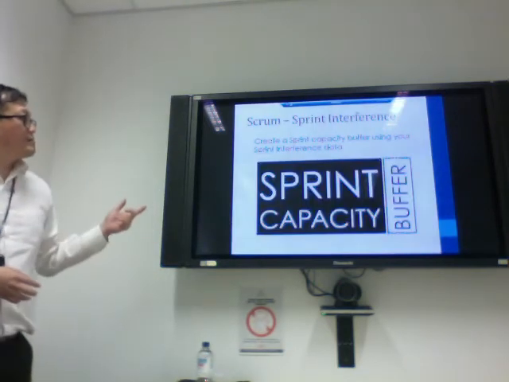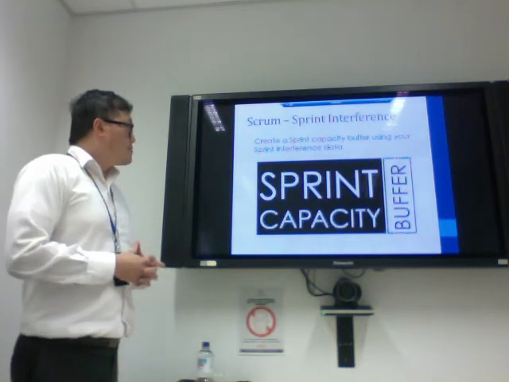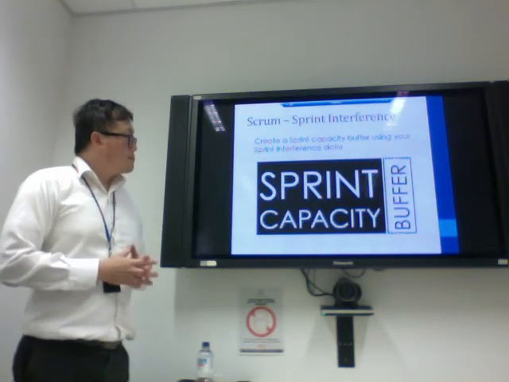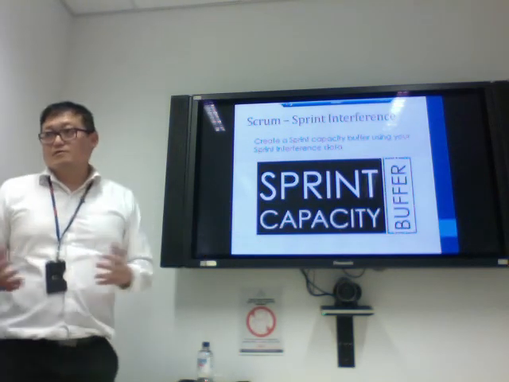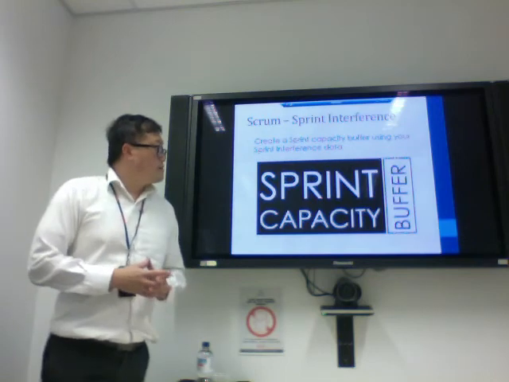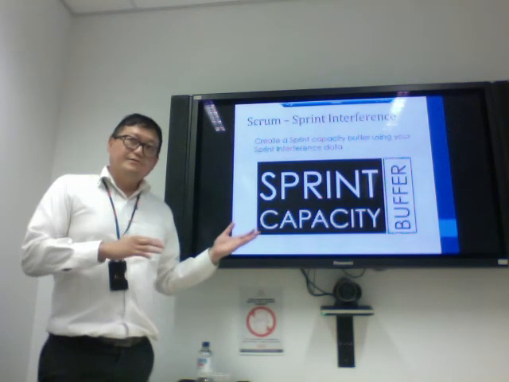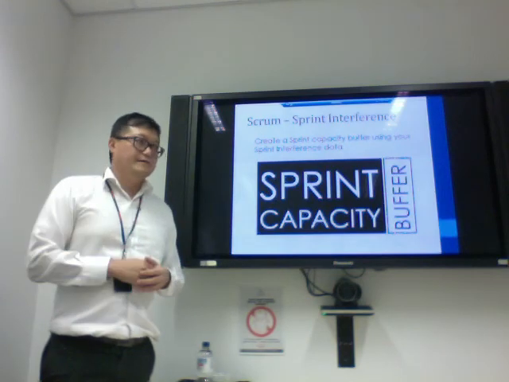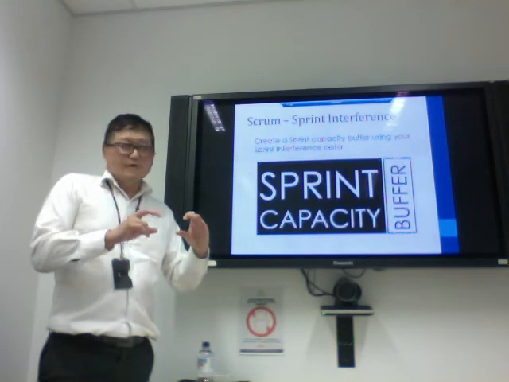Another thing about sprint planning is sprint capacity. When we plan the work to be done in the sprint, there has to be some buffer in case something goes wrong. So how do we work out the buffer? Typically, we just use past experience: how much interference has occurred in the previous sprints. We look at a few and average it out.